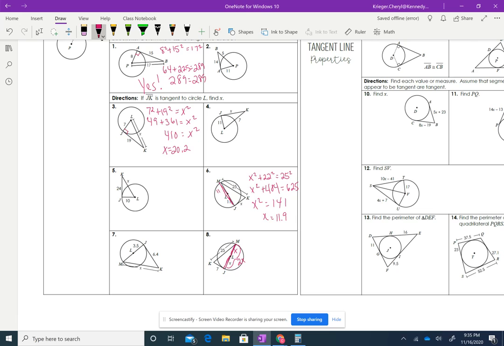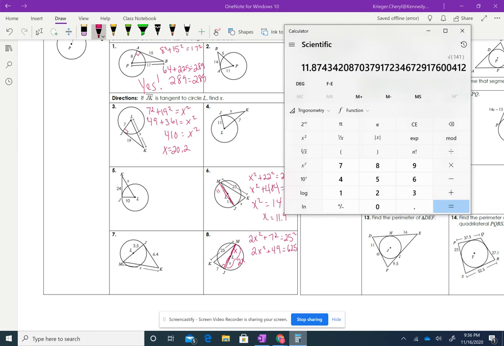So when I'm plugging in for the Pythagorean theorem, I will say 2x squared plus 7 squared equals 25 squared. Okay, and I'm just going to solve for this: 2x squared plus 49 equals 625.